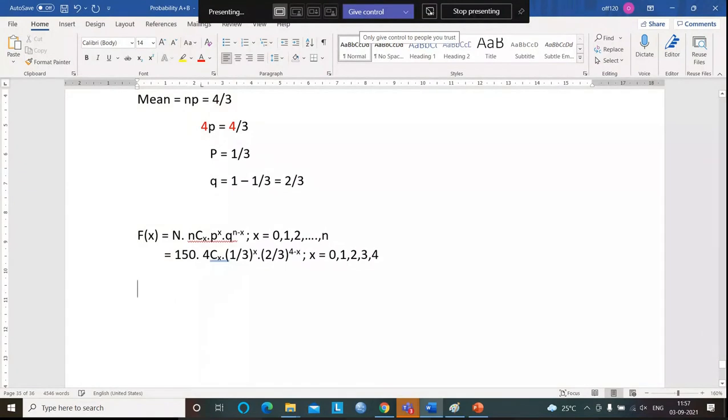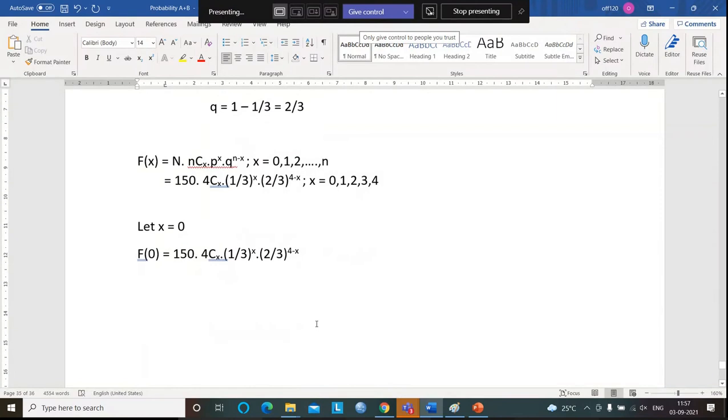Now, let x be equal to 0. Then what happens? Capital F of 0 is equal to, simply wherever we have x, we are going to write the value as 0.